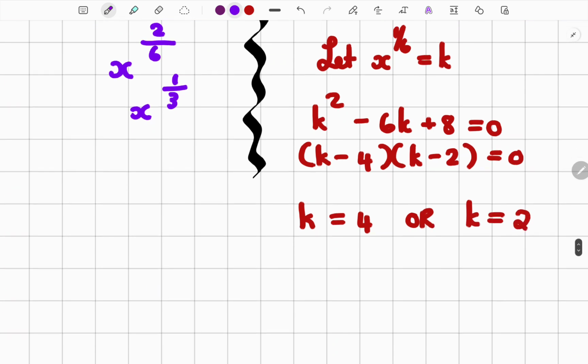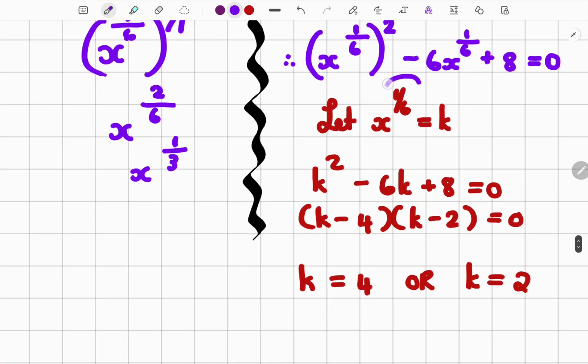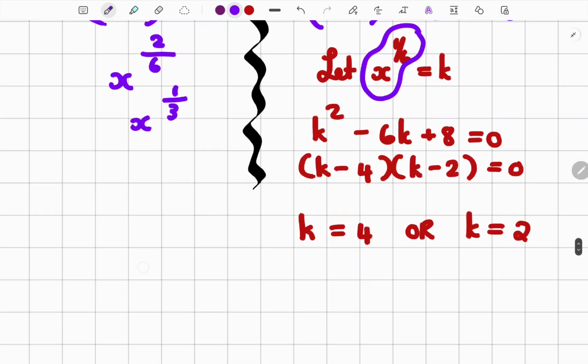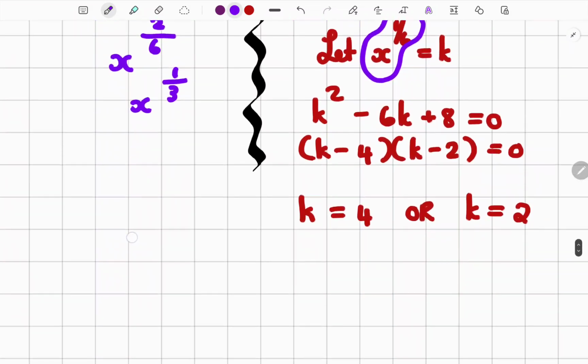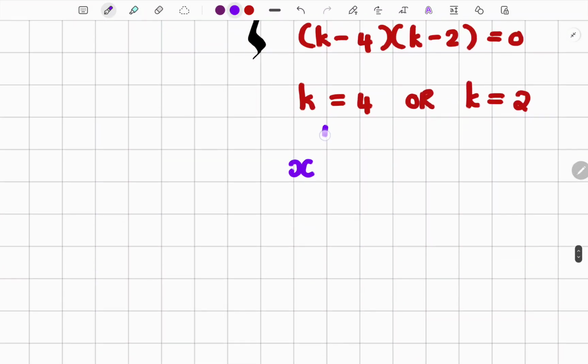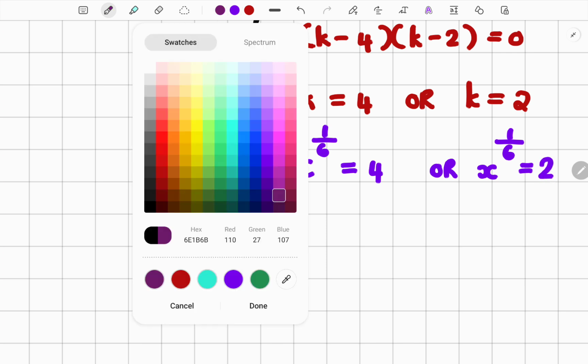Oh, but I didn't start with k. I need to solve for x. What did I say is k? k was x to the power of 6. So x to the power of 6 is 4, or x to the power of 6 is 2. How do I get rid of that again?